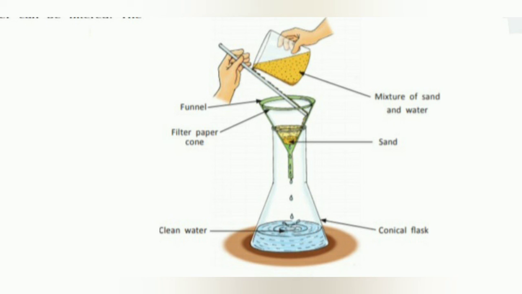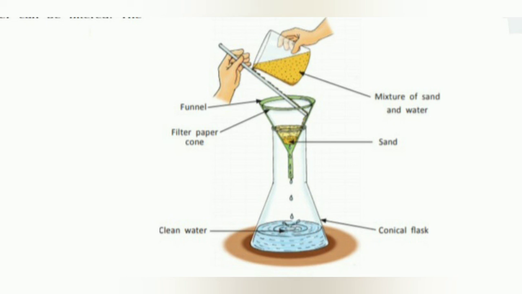You can look at this picture. Here we have filter paper, cone, and this one is the funnel. The funnel is kept on the conical flask and impure water containing sand is poured into the funnel. What happens is the water seeps through this filter paper and collects in the flask below.